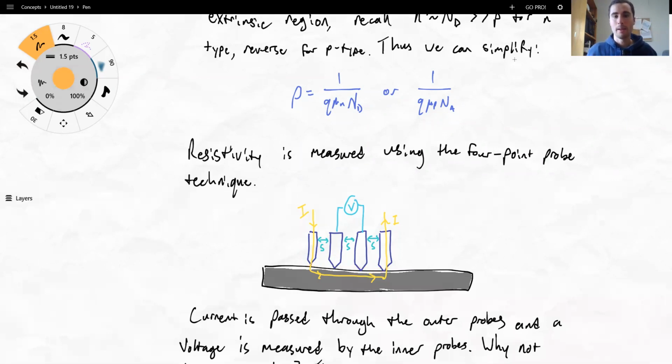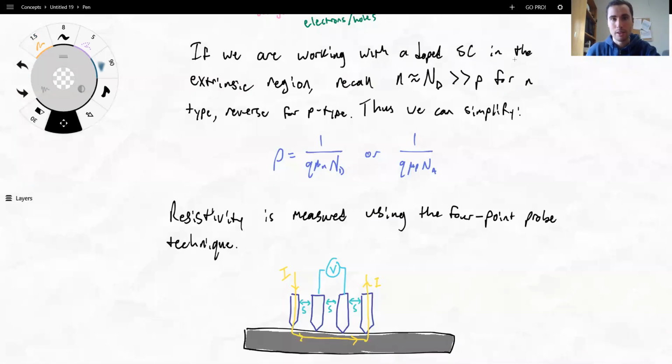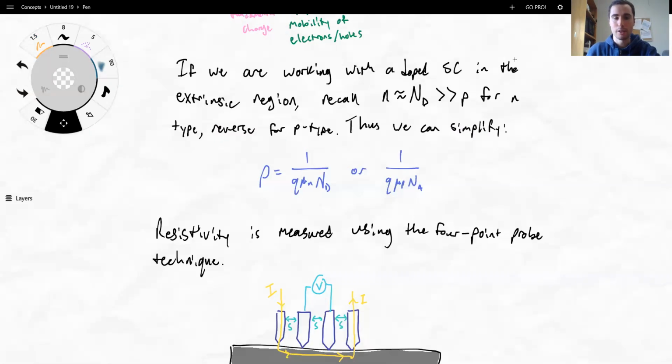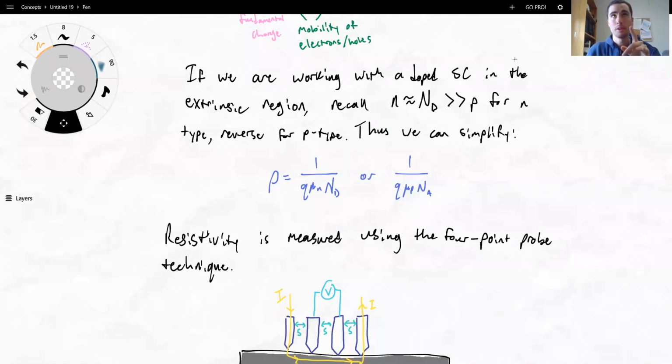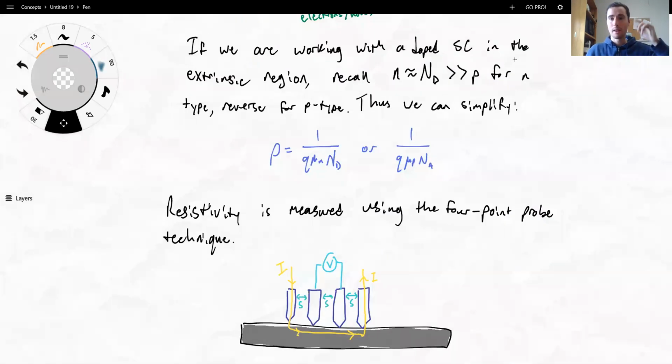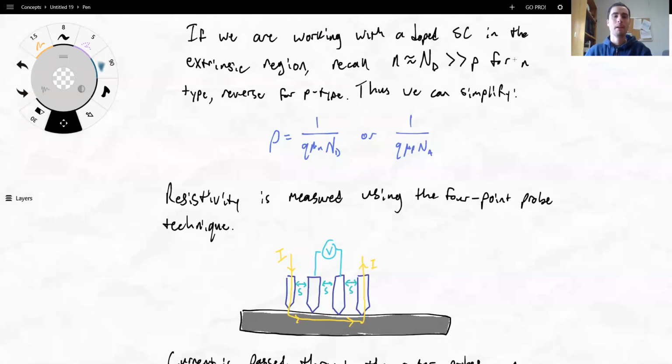And then what you do is you apply a current through the outer probes, and you measure the voltage through the inner probes. And then from that, you can plug that into some of these relationships here. You can use the voltage to figure out what the drift current must be. And from that, you can figure out the resistivity.